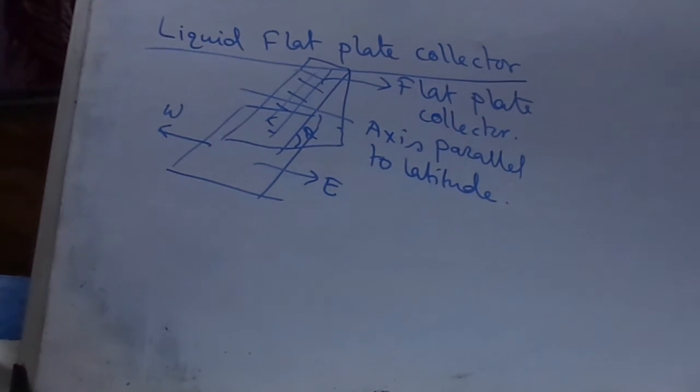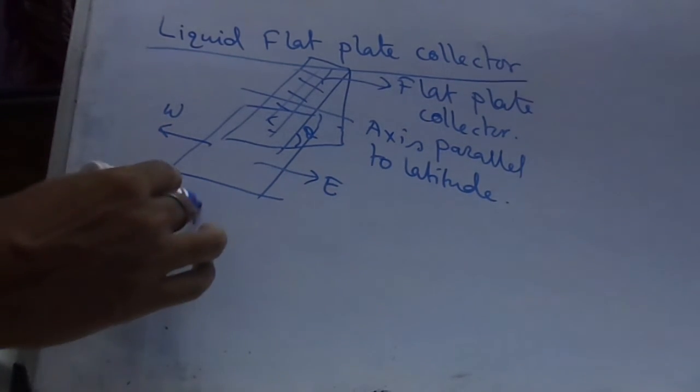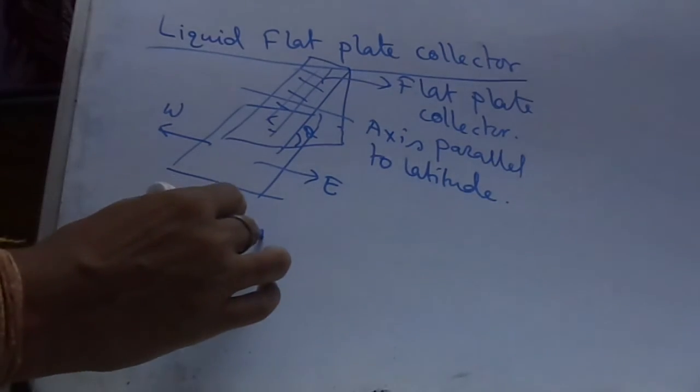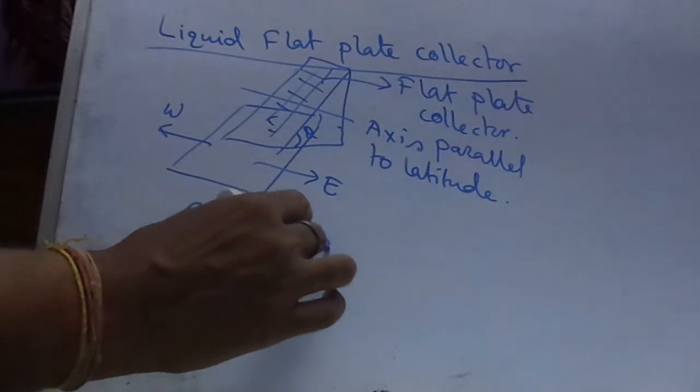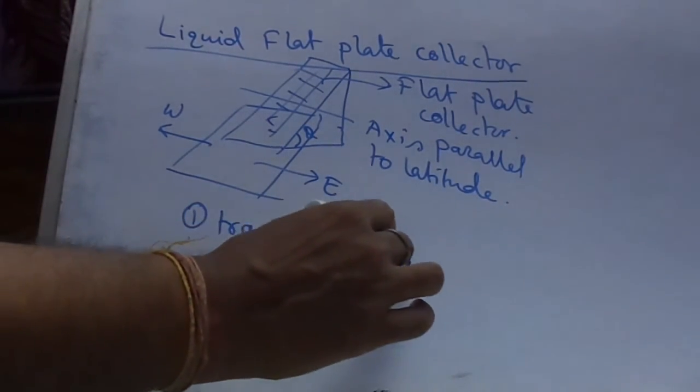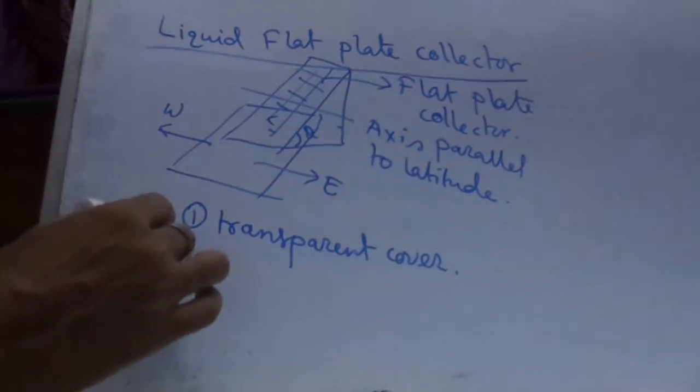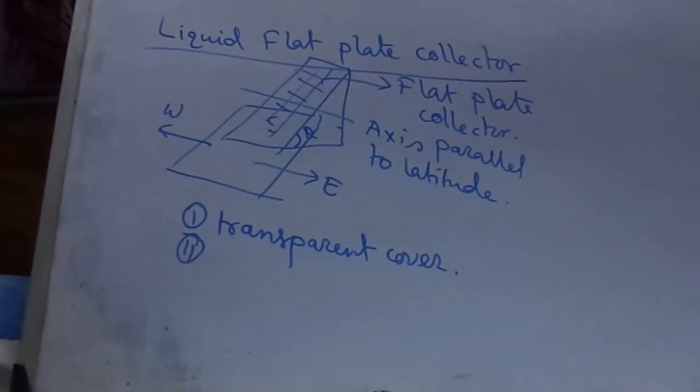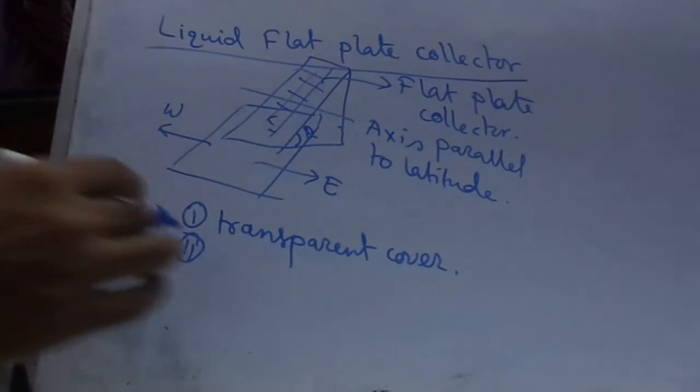The basic elements in a majority of these collectors are, first, the transparent cover. Second, the tubes, channels or passages in thermal contact with the absorber plate.